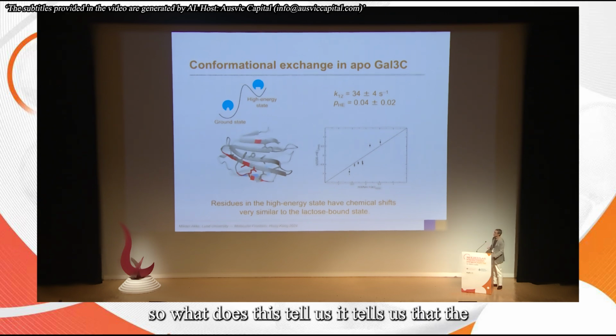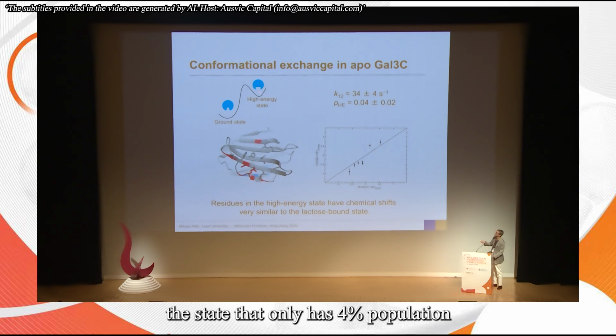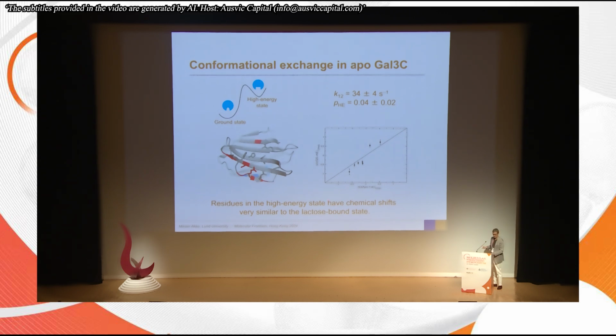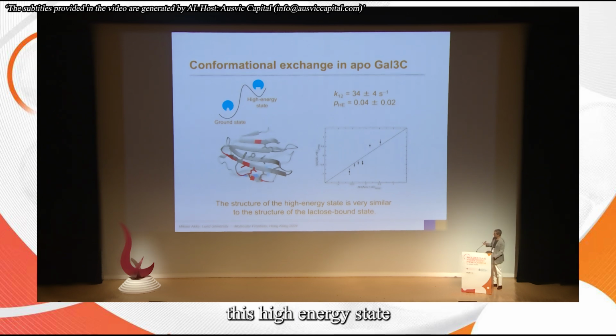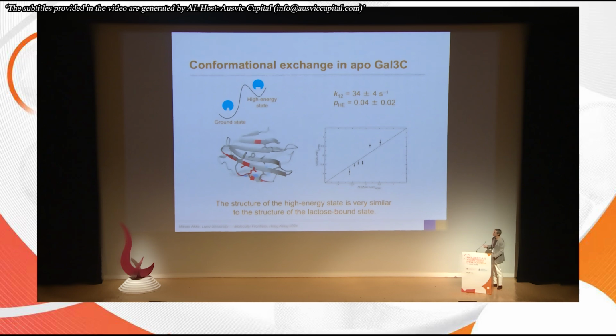So what does this tell us? It tells us that the chemical shifts of the higher energy state, the state that only has 4% population, must have chemical shifts that are very similar to the lactose-bound state. And in turn, what does that mean? It must mean that this high energy state looks very similar, has the same structure as the state when the protein has bound the ligand.